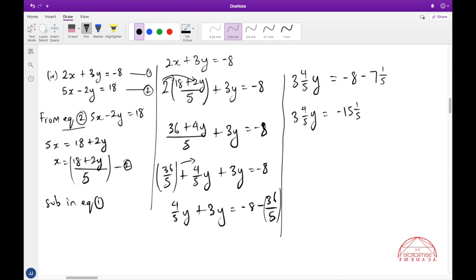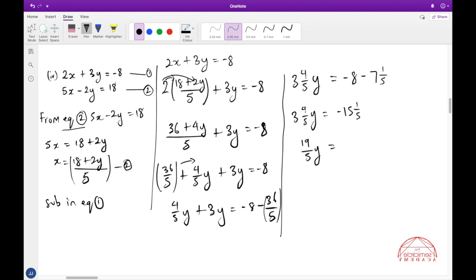Now let's switch everything back to improper fractions. So 5 3s are 15, 16, 17, 18, 19. So this is 19 over 5y, and that's equal to, now what is 15 times 5? That is 75 and 1.